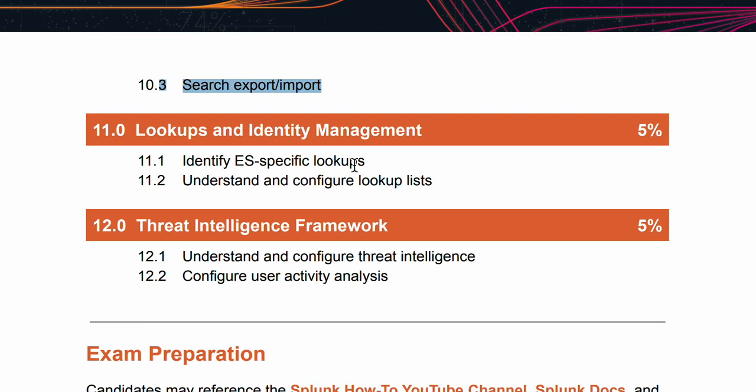There are a number of lookup files; some of them are automatically created, a few of them you have to create. Automatically created means if data is there then it will create them; they will not come by default. Identify ES specific lookups, and understand and configure lookup lists. It's all about managing your asset and identity in the lookup file, and threat intel also comes in the lookup files.